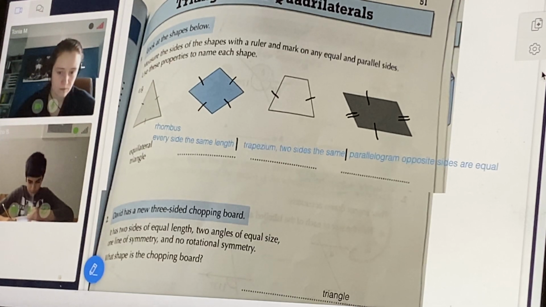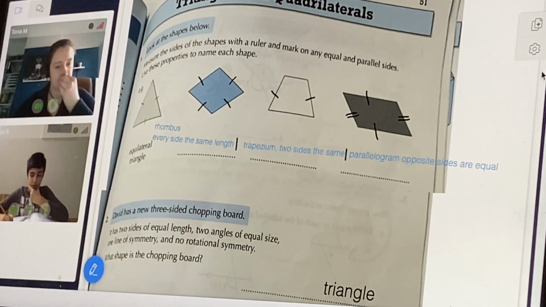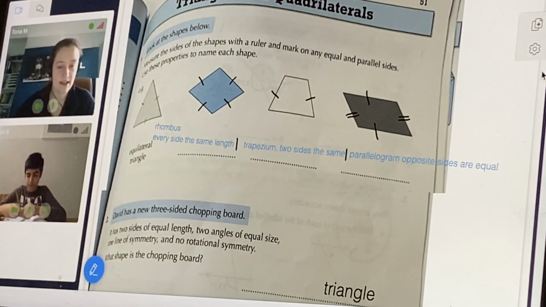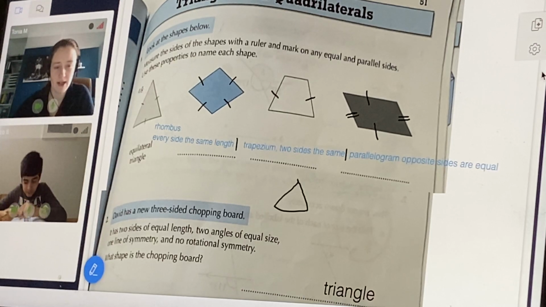It's a triangle, because if you fold it. Yes. What kind of triangle? An equilateral. Not an equilateral. Nearly. Really good guess, because it has 2 sides of equal length and 2 angles, but an equilateral triangle has 3, because all the sides are the same length.